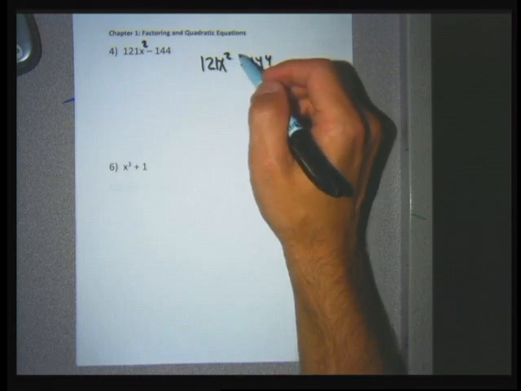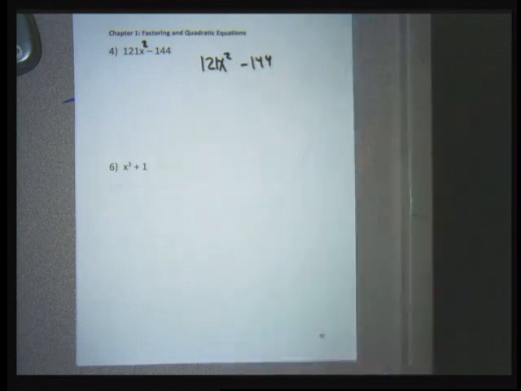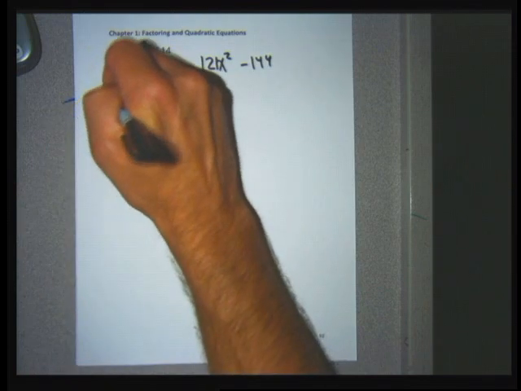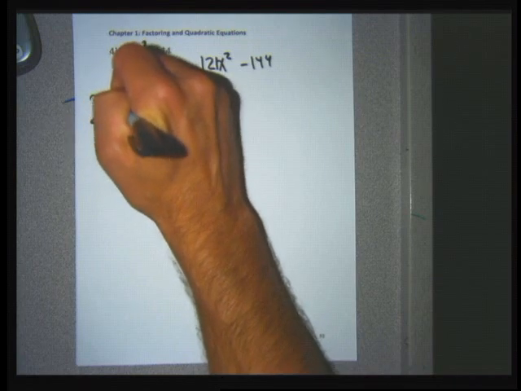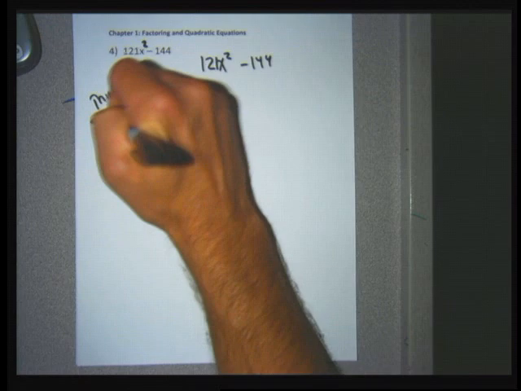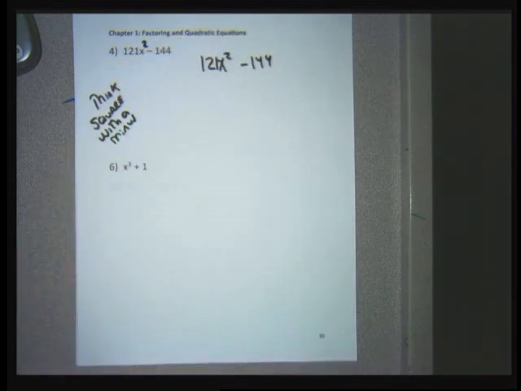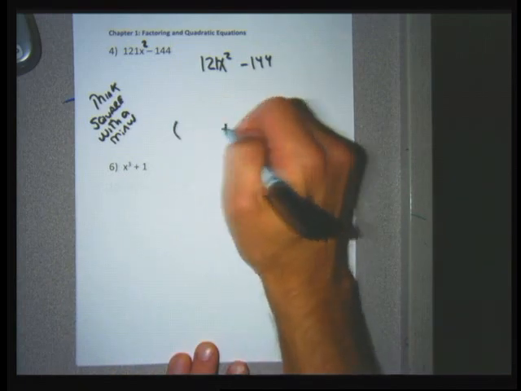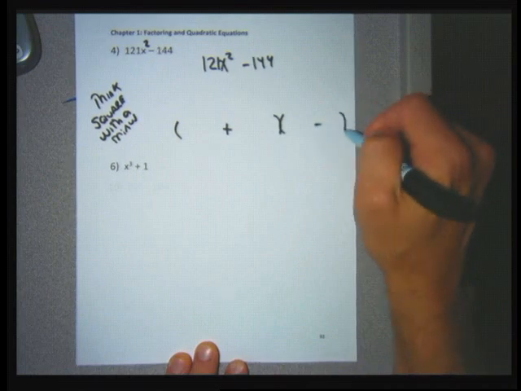In order for it to really be a square problem, the numbers 121 and 144 have to have nice square roots. So I think this is a square with a minus. And if it's a square with a minus, then it's going to factor into two essentially identical parentheses, one with a plus and one with a minus.